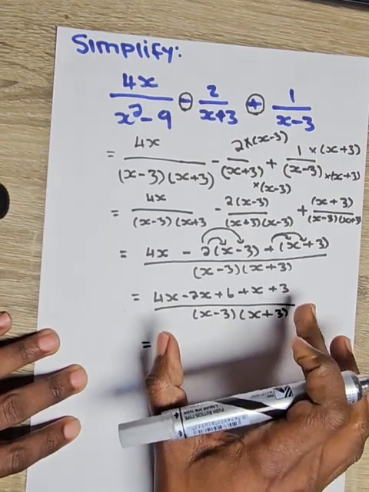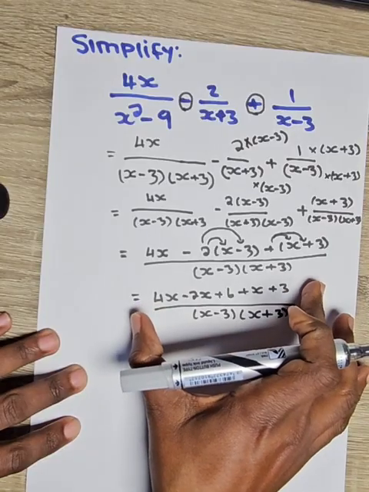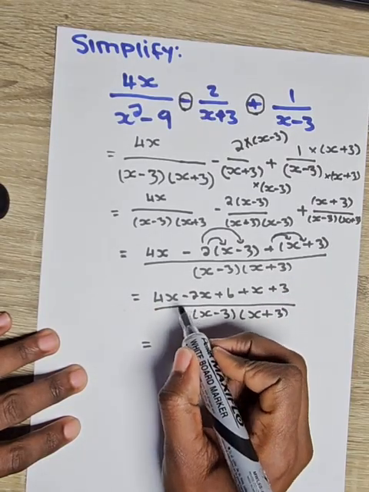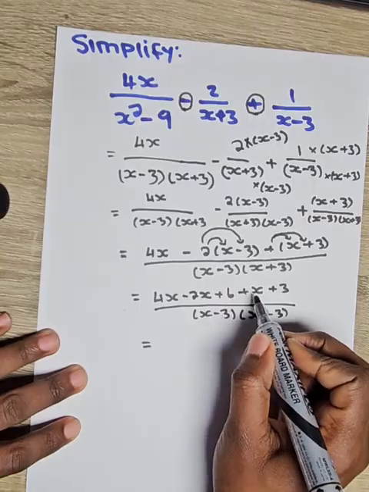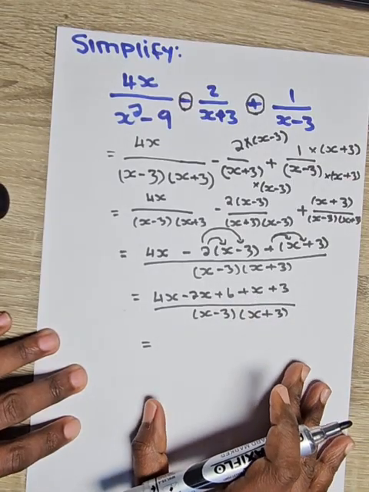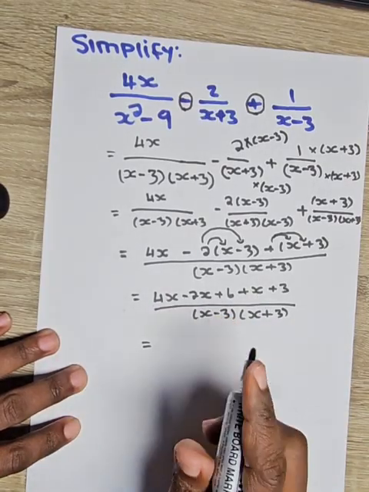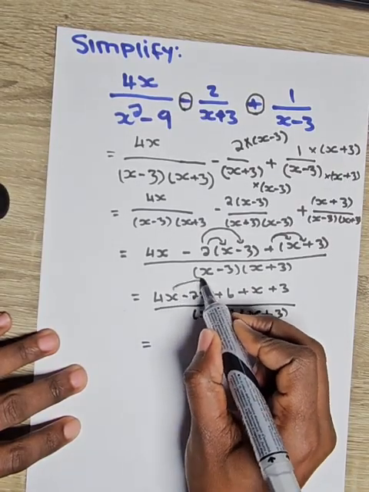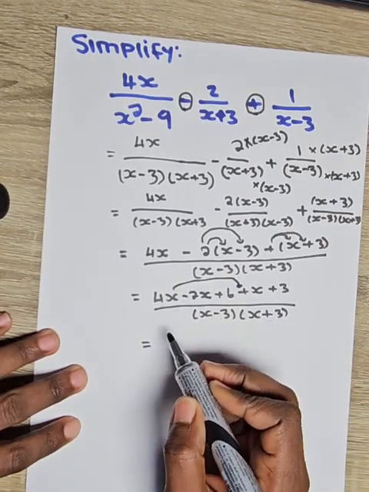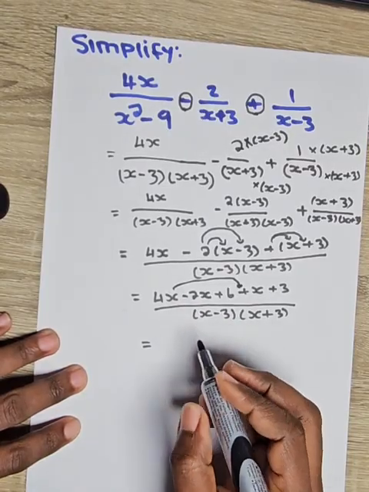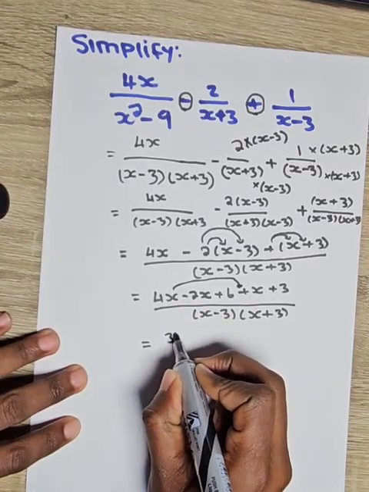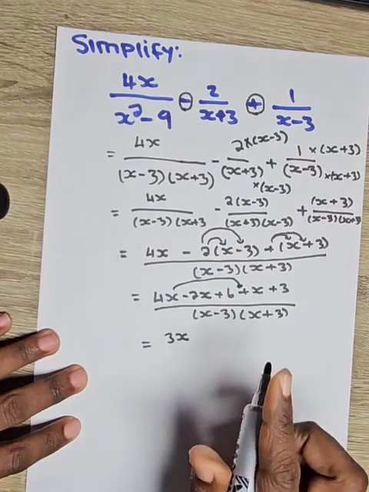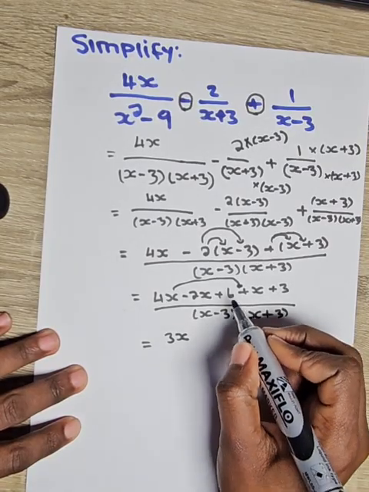Collect the like terms on top, I mean the numerator. 4x minus 2x plus x are like terms. 4x minus 2x and plus x gives 5x, and 5x minus 2x gives 3x.